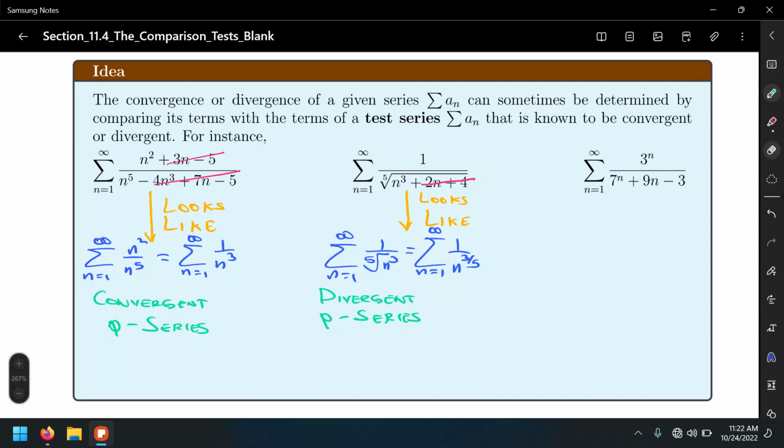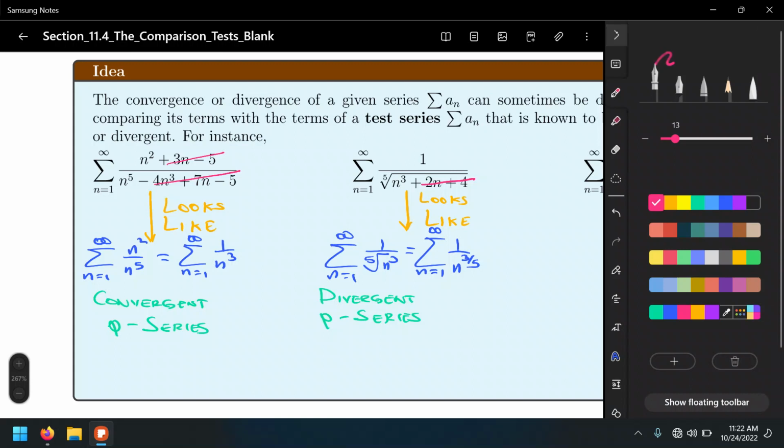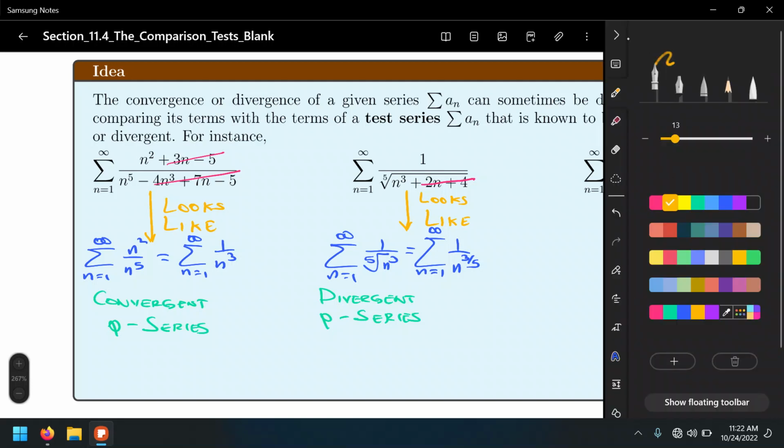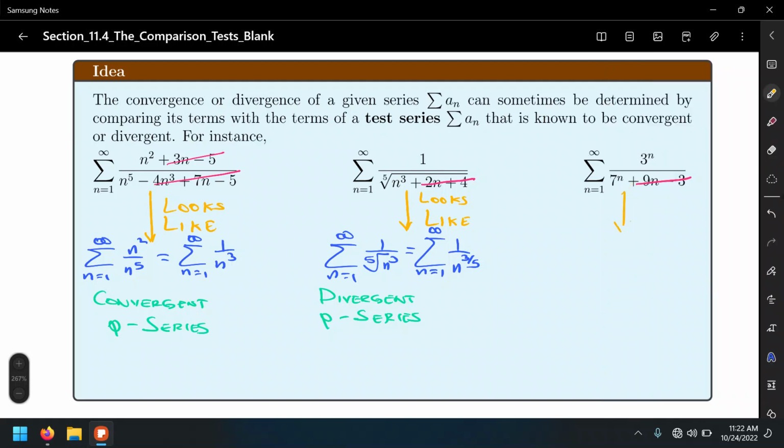So in this case, we will neglect the lowest order terms, which is the polynomial terms. All right, and this series right here looks like sigma n equals 1 to infinity of 3 to the n over 7 to the n, that is sigma n equals 1 to infinity of (3/7) to the n power.